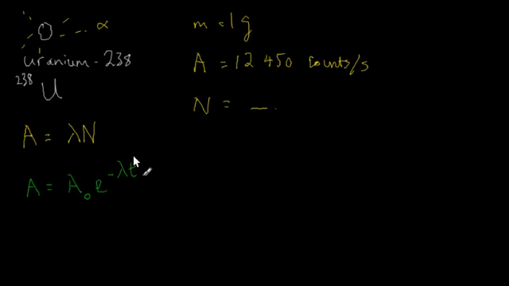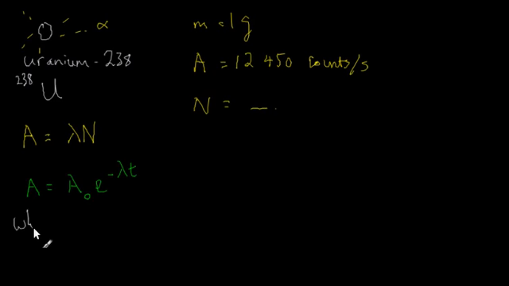So how can we actually use this equation to find the half-life? Before I can try finding the half-life from the activity, I really need a formula that relates the half-life to lambda. Let's see how we can get it from here.